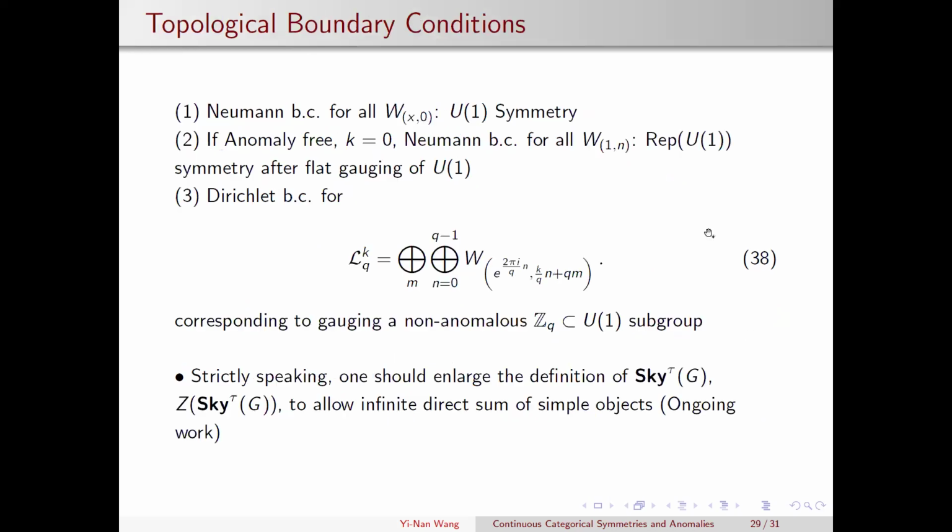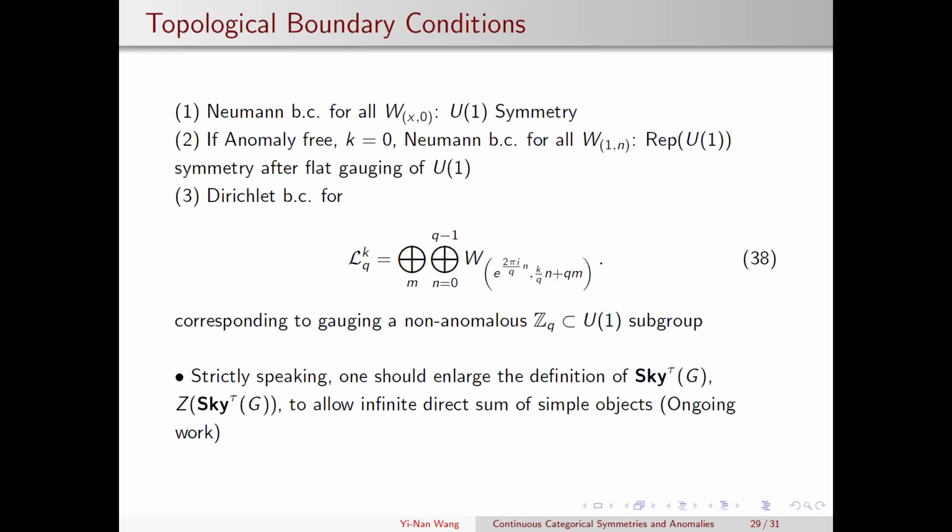And then with these topological anyon lines, we can also discuss the topological boundary conditions with or without anomaly. For instance, there are boundary conditions corresponding to having a full U1 symmetry, or the one corresponding to gauging a non-anomalous Z_Q subgroup of U1. It's all consistent with our physical intuition. But strictly speaking, these are not honest Lagrangian algebras in the old definition.